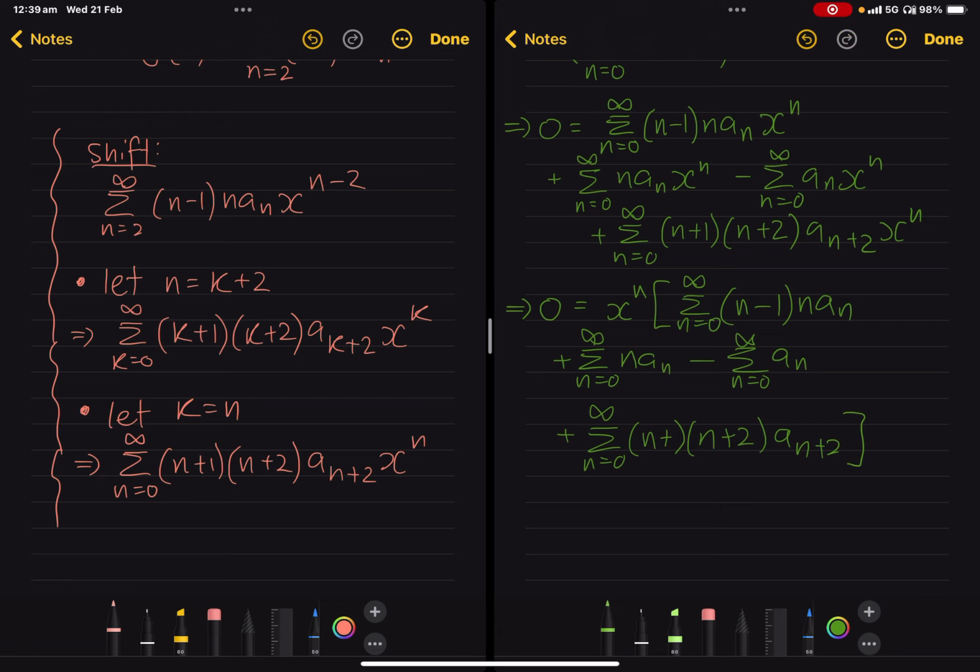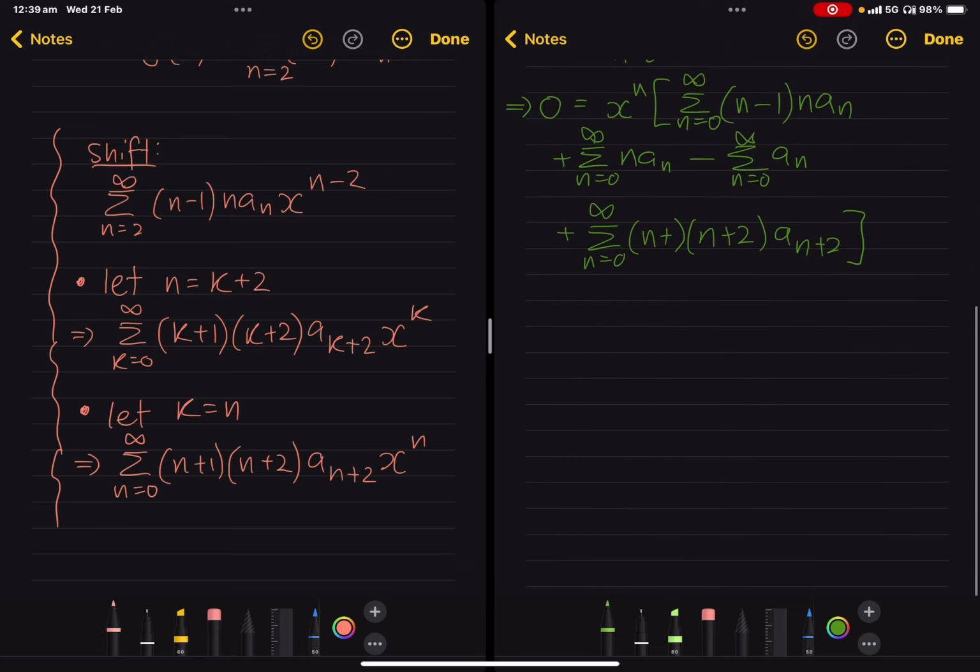Now, for this to be equal to 0, either x is 0 or this other expression is 0. So we are going to assume the bracketed expression is 0. So this implies that the sum from n is 0 to infinity. We could compress this all into one sum as well, so we will do this at this stage.